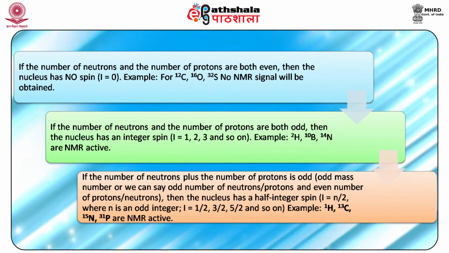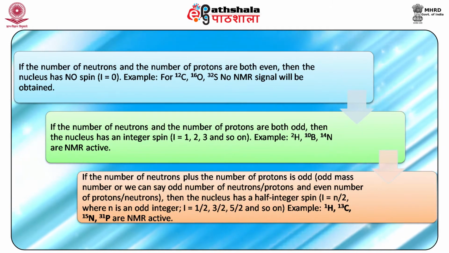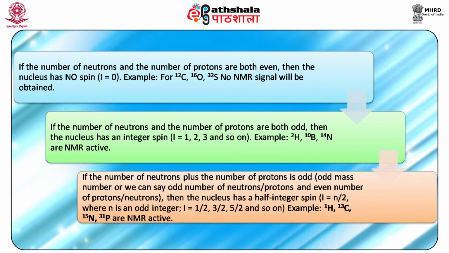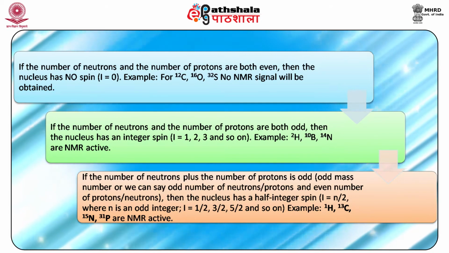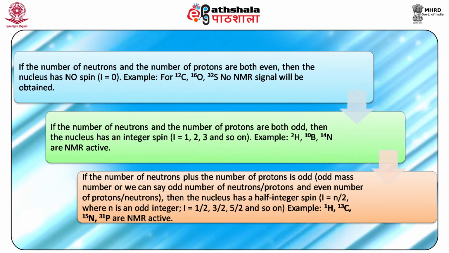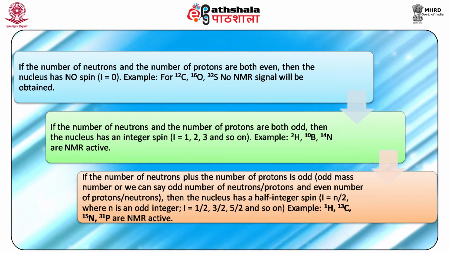The empirical rules are: if the number of neutrons and the number of protons both are even, then the nucleus has no spin, that is, the spin quantum number I has the value of 0. For example, 12C, which is the 12 carbon, 16 oxygen, 32 sulfur.